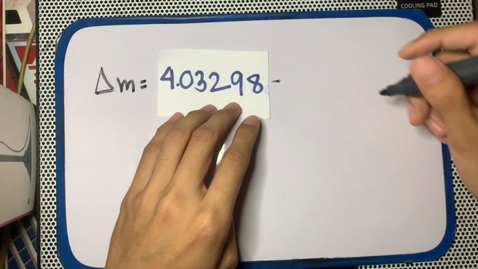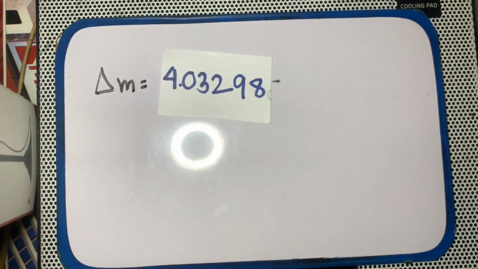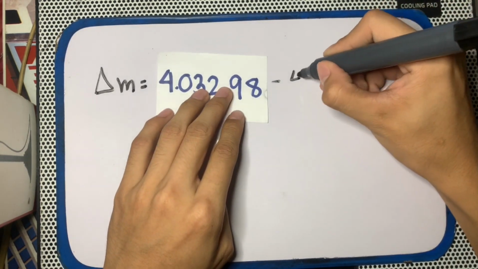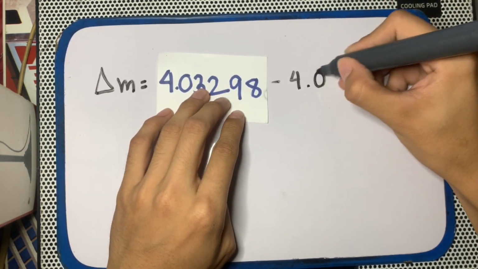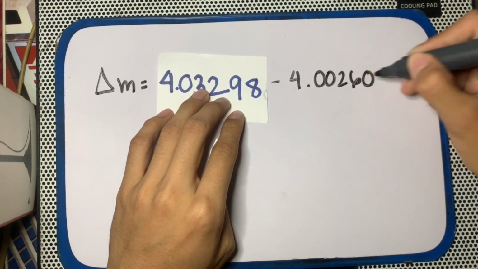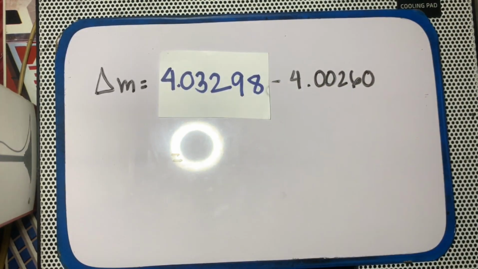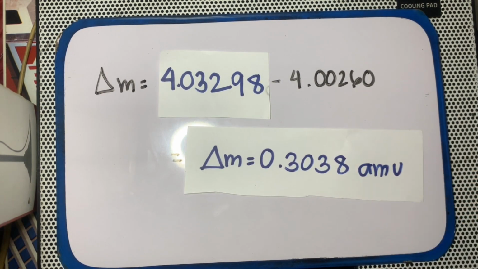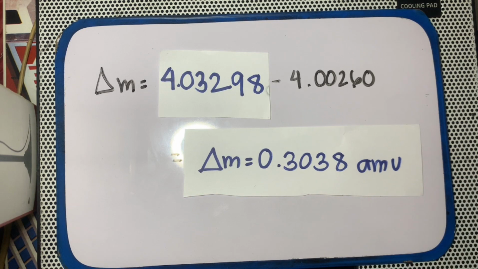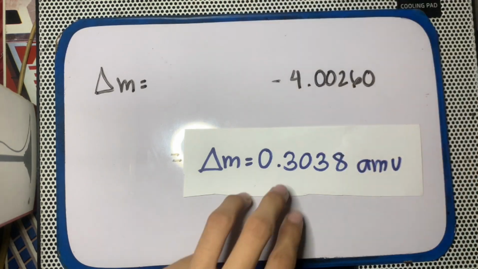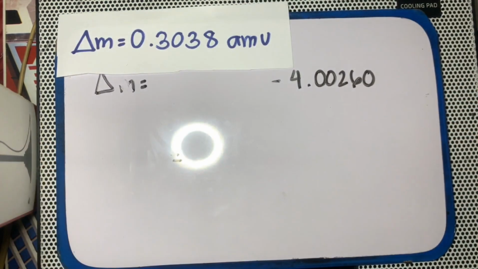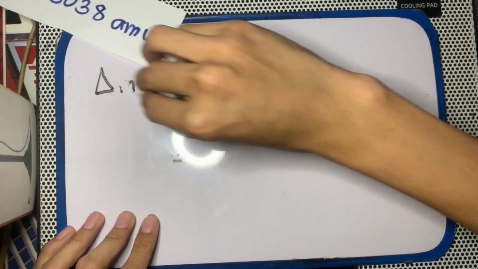So subtract po natin siya to 4.00260 or yung ating actual mass, and equals to 0.03038 AMU or atomic mass unit. This will be our mass defect. So meron na po tayong mass defect. Let's proceed to our next.